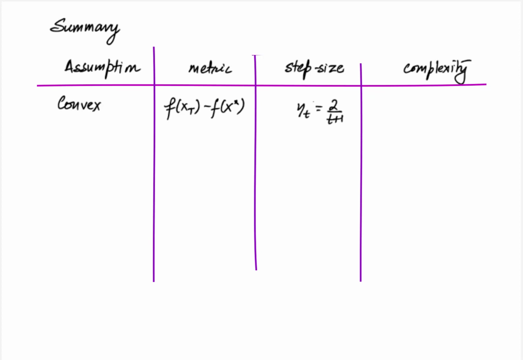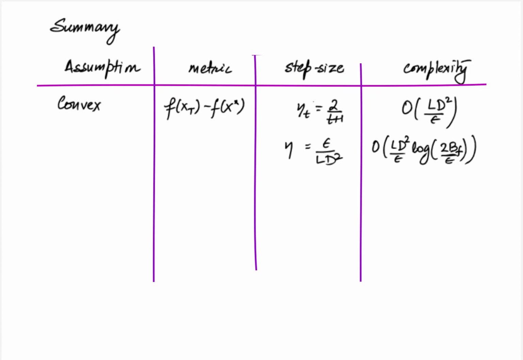And we obtained the oracle complexity of order LD square by epsilon. Then we have the convex case with the same metric but a different step size, eta equal to epsilon by LD square, and the oracle complexity was order LD square by epsilon log of 2bf by epsilon. So that was slightly higher by a log 1 over epsilon term.